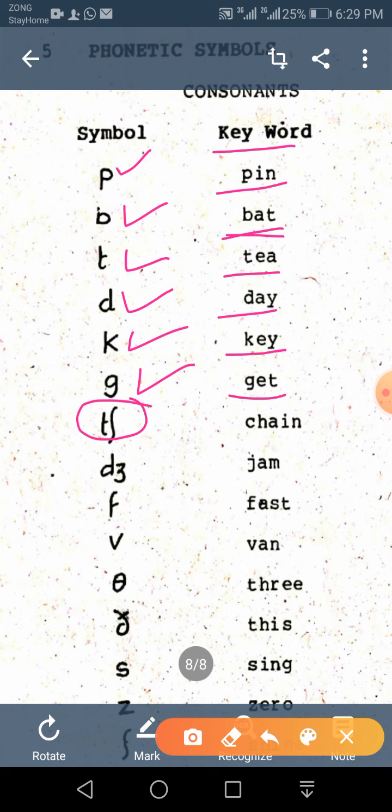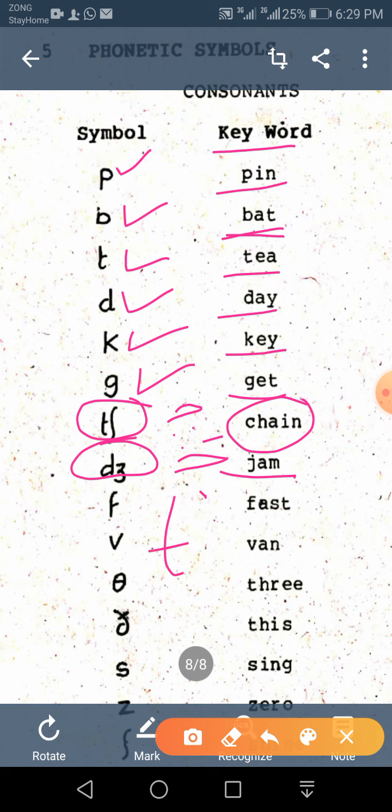Now this is an affricate, ch, and this is known as j, as in jam. In contrastive phonology, we can show it like this, and this one like this. The word chain will be represented in phonetic description like this.